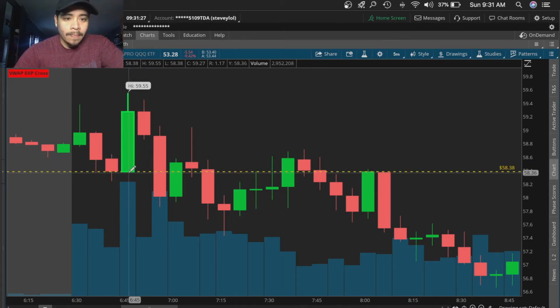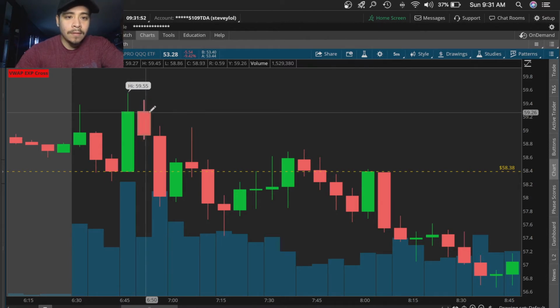So right here, 6:45, price opens up at 58.37. Then price pushed up, it hit a high of 59.55, pushed down, and then at the end of the 5-minute time frame, we closed around 59.27.